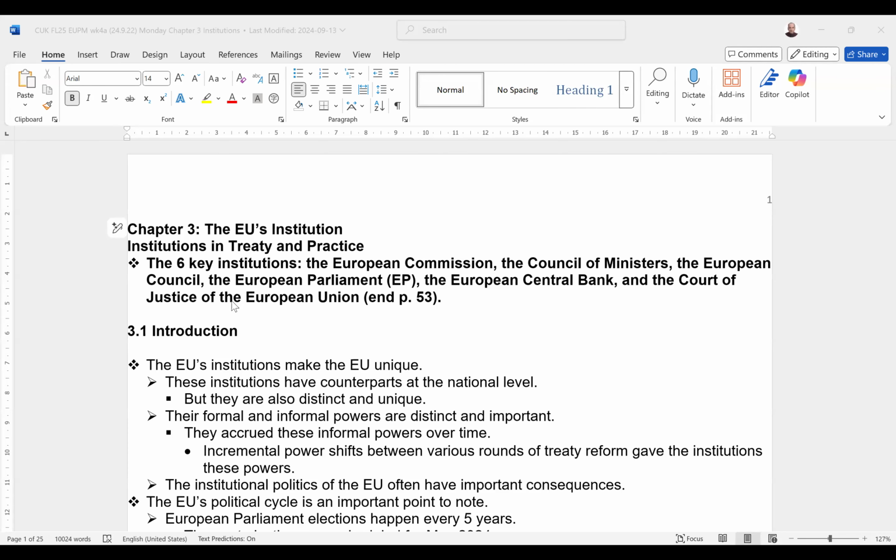So again, let me go to the institutions. If I go here to the notes and search, let's see if I can do this without shutting down everything by accident.